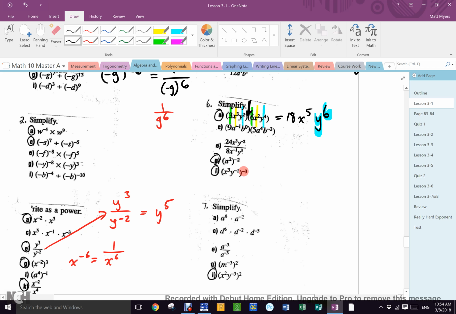Look at this last one right here. This is the one that gave some of us problems before. What do you do with that 3 out there when there's a base inside? Multiply. What value is that?